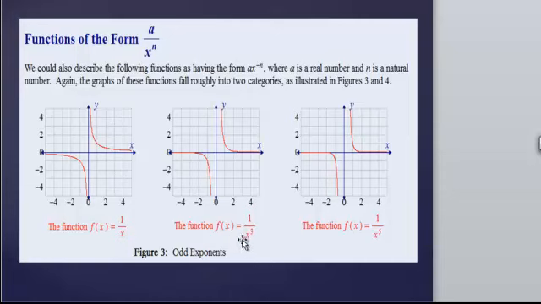As your exponent gets larger, notice how the graph gets closer to that x-axis, and it gets a little bit more flattened out in this area. You can also tell that your graph doesn't seem to be quite as steep as the original one. So it gets a little bit less steep each time you increase that exponent. Same thing is true here. Notice the difference between these two. It's a little bit closer to the x-axis, a little bit flatter, and not quite as steep in both directions.